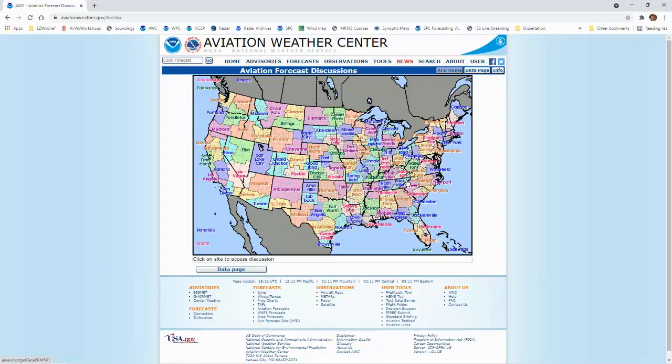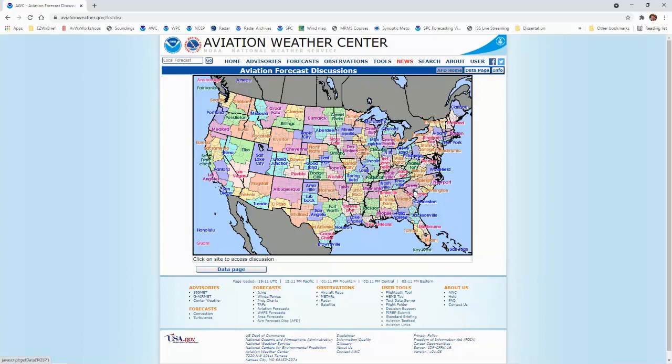And so as a result, what you're getting is a forecast from many different forecasters around the country. There's some good things and bad things about that. One of the good things about it is essentially any of those forecasters that are putting in those precipitation type forecasts are also the same forecasters, or in the same office, that are issuing the terminal aerodrome forecast, the TAFs.